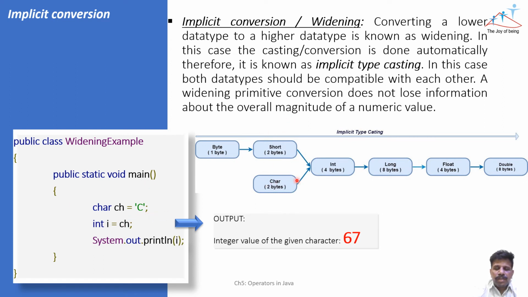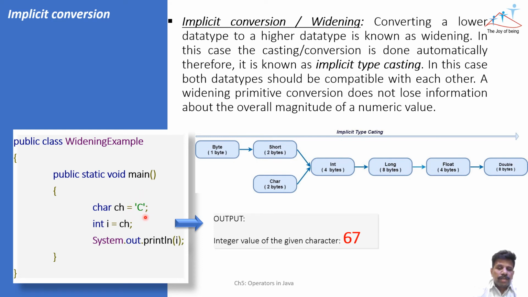You can see here you can also assign a character value to an integer operand. In this case, how exactly will a character value be converted into int? You can see here character ch is equal to capital C, and I am assigning that ch value to an integer variable. Here ch is holding the character C. All of you know that each and every character in Java has its Unicode value.